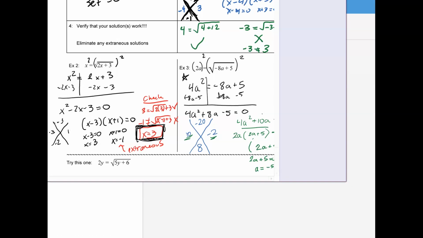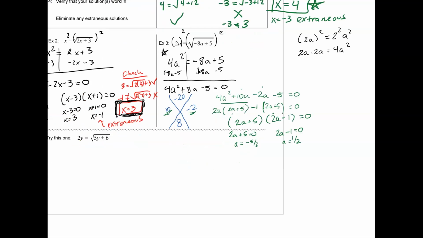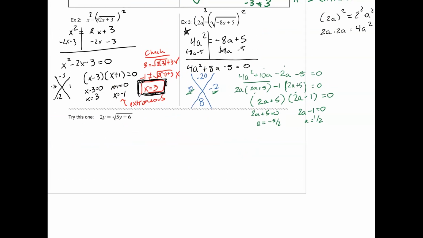Now before I say we are done, remember we've got to check our answers. Now this is a little bit harder to do by hand. 2 times negative 5 halves, is that equal to the square root of negative 8 times negative 5 halves plus 5?